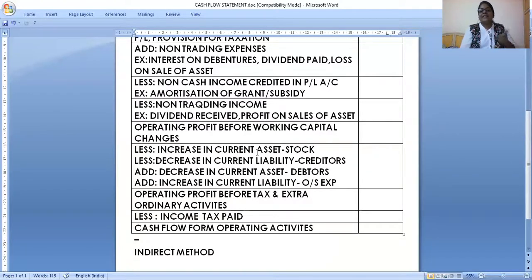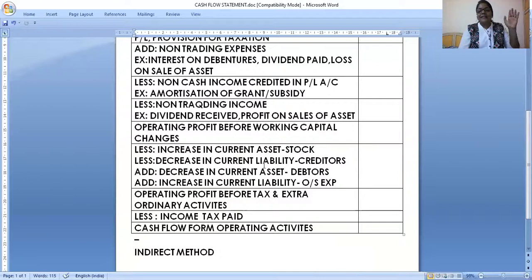If there is an increase in current assets like stock or debtors, is more money getting blocked in the business? Less. Are you all getting this? If there is a decrease in current assets, for example stock is reducing, then more money is coming in because stock is sold. Debtors are reducing, good debts are realized. What is the impact on cash? Cash is increasing. So add.